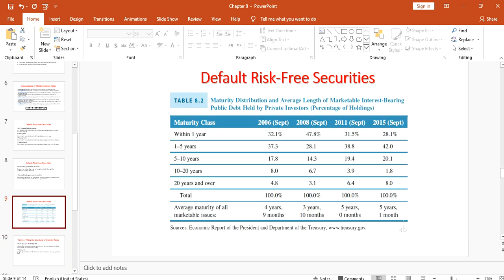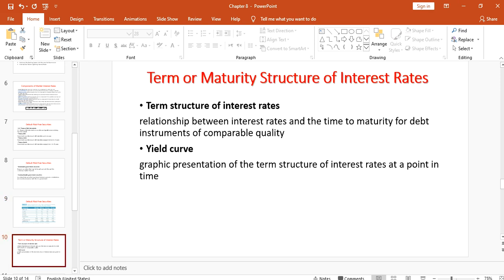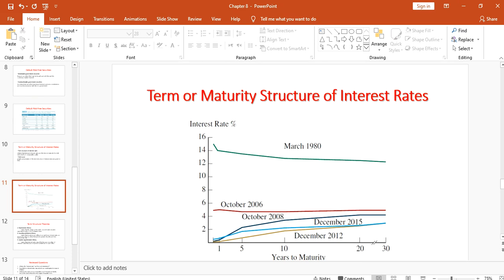So why are we covering the maturity over here? The term or maturity structure of interest rates. This expression explains the relationship between interest rate and the time to maturity for debt instruments of comparable qualities. Okay, and we have the yield curve, which is this curve.